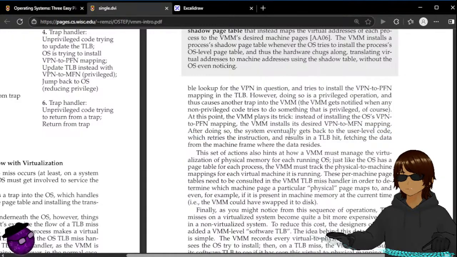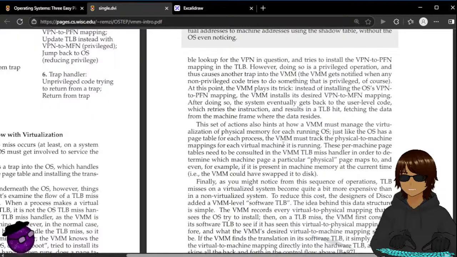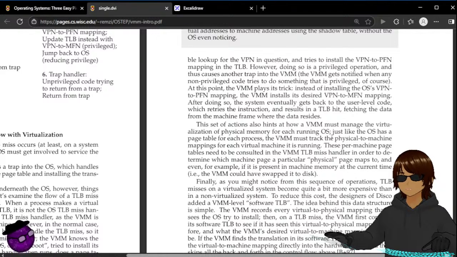After doing so, the system eventually gets back to the user level code, which retries the instruction, results in a TLB hit, and fetches the data from the machine frame where the data resides. This set of actions also hints at how a VMM must manage the virtualization of physical memory for each running OS. Just like the OS has a page table for each process, the VMM must track the physical to machine mappings for each virtual machine it is running.